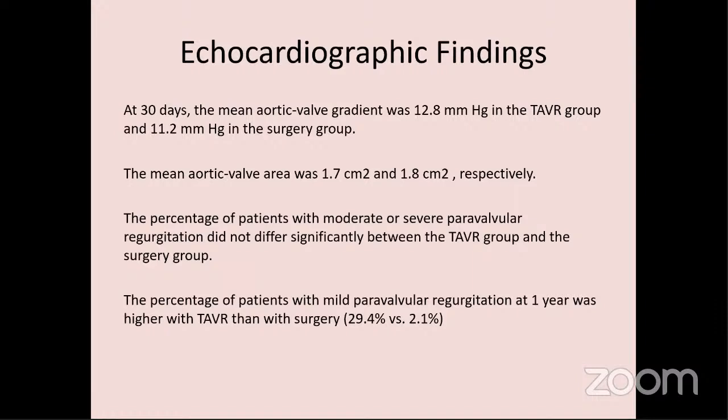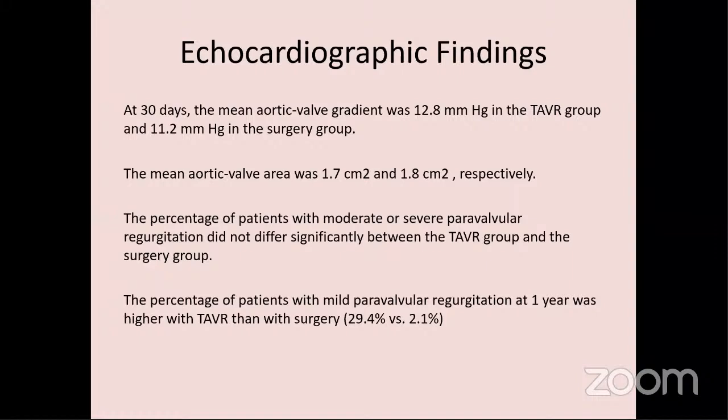The percentage of patients with moderate to severe paravalvular regurgitation did not differ significantly between the TAVR and surgical groups, opposite to PARTNER 2. I wonder what kind of valve they used. But anyway, surgery should not have paravalvular leak, because no surgeon gets moderate to severe leak. Or am I wrong? Yes, I agree.